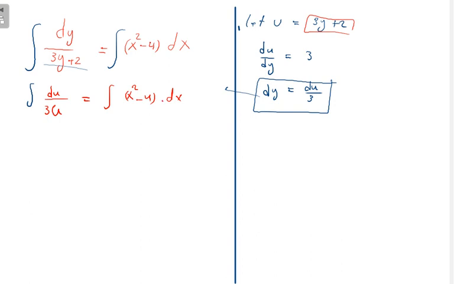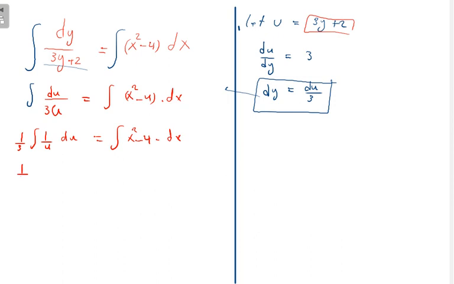Now let's integrate. I have 1/3 outside, the integration of 1 over u du, this is an inverse function, and the integration of x squared minus 4 dx.